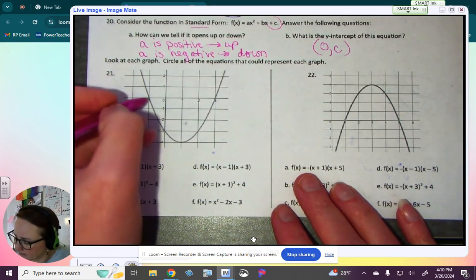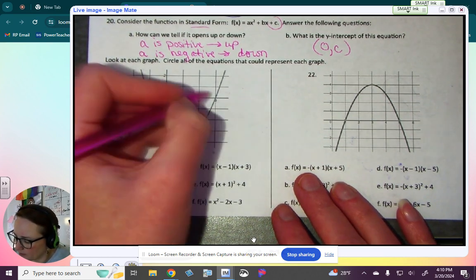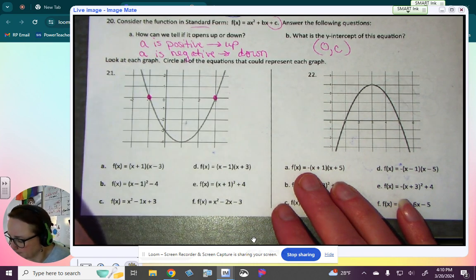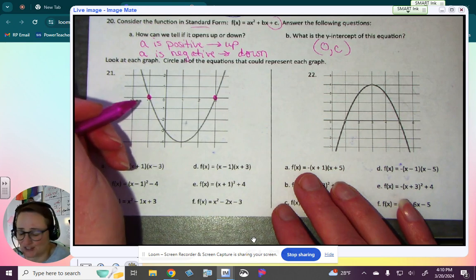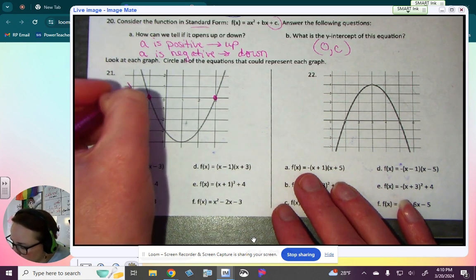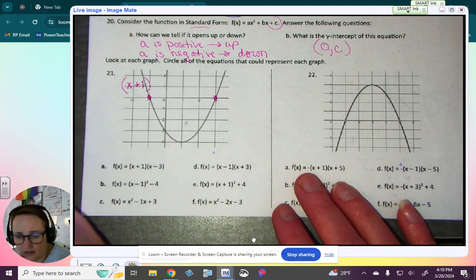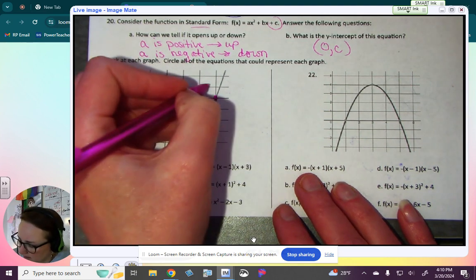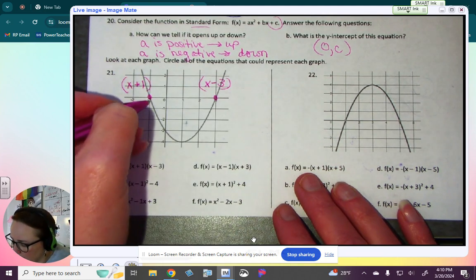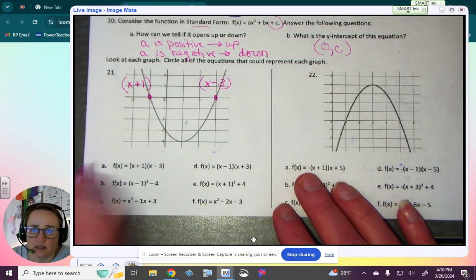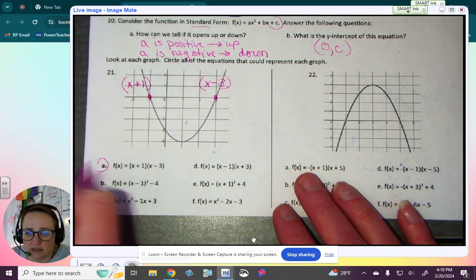This one has x-intercepts at -1 and 3. Remember that the x's always change their sign. So we need an x plus 1 as a factor and x minus 3 as a factor. This happened at -1. This one happened at a +3. So I need an x plus 1 and an x minus 3.